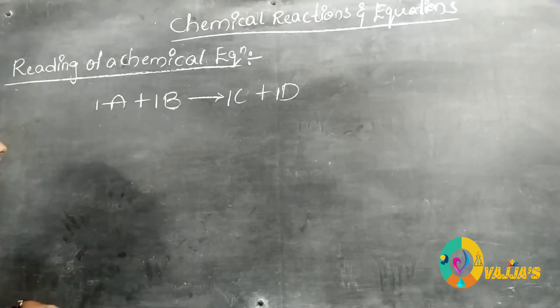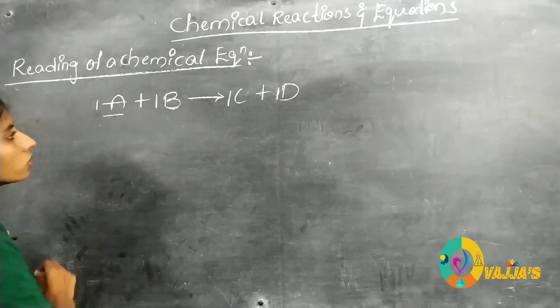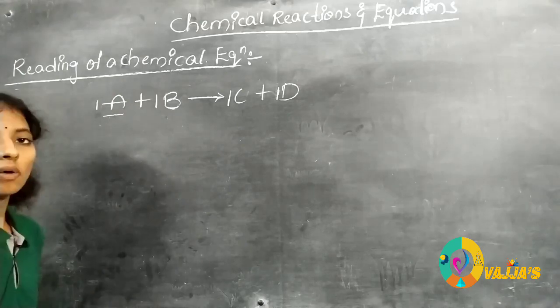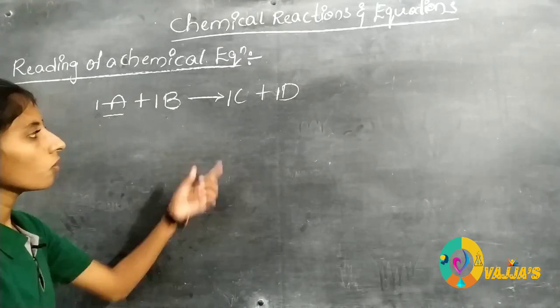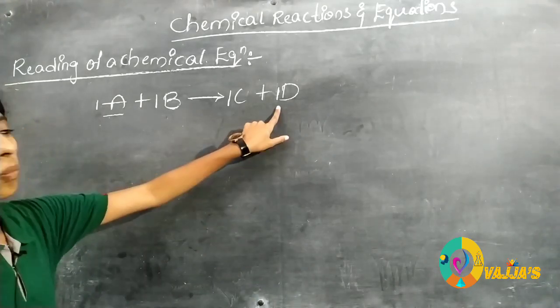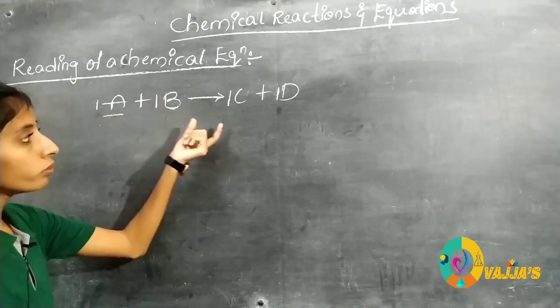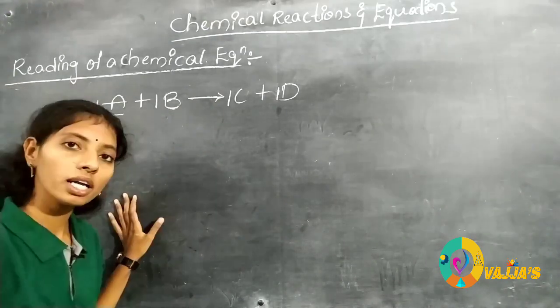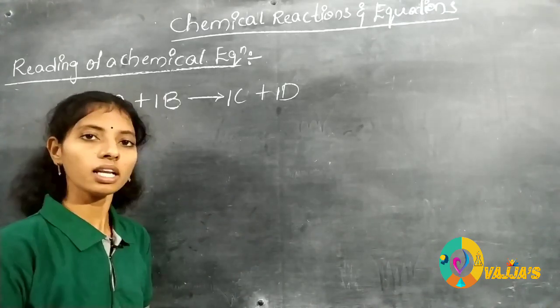So here we have one molecule of A combining with one molecule of B, and the products are one molecule of C and one molecule of D. So before the substance the number indicates the number of molecules present in a chemical equation.